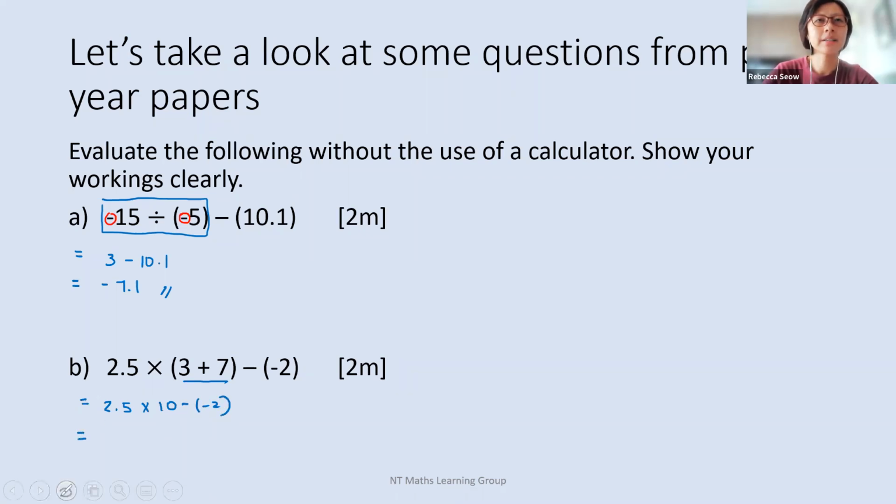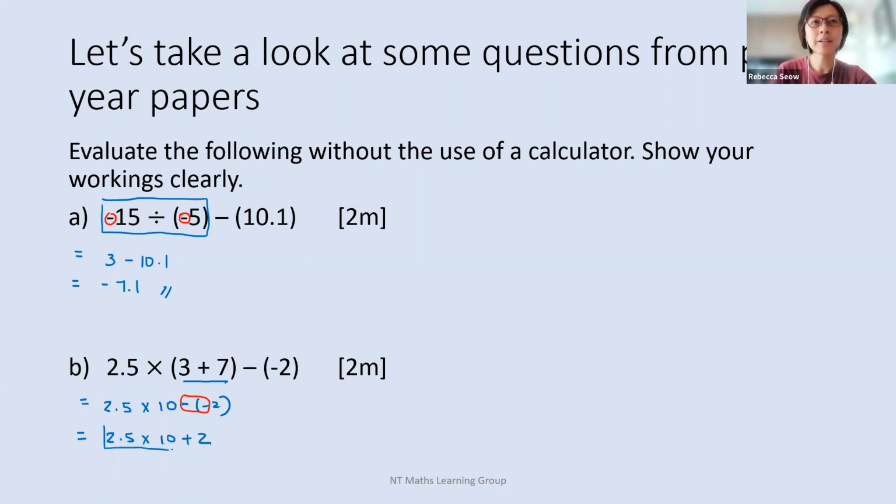Okay, what's next? Looks like we have the negative, yeah. We take away a negative number, so that gives us addition, right? So 2.5 times 10 plus 2. What's next?